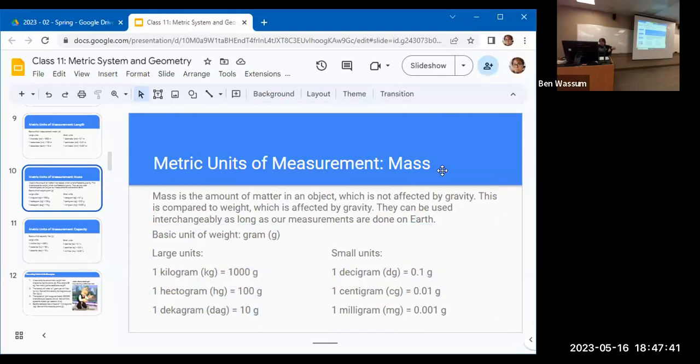Now, one thing I did want to cover on mass is that it's comparable to the American system of units of weight. With weight, we might have heard that if you're on the moon, you weigh about 1/6 as much as you do on Earth. Well, mass is different. Mass is a measurement of the amount of matter in an object. So your mass would be the same between here and the moon.